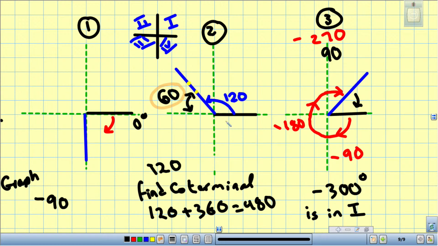Look at what you got here. You've got negative 300, right? That should tell you something. What's the total angle in one rotation? What's a full revolution around the circle?